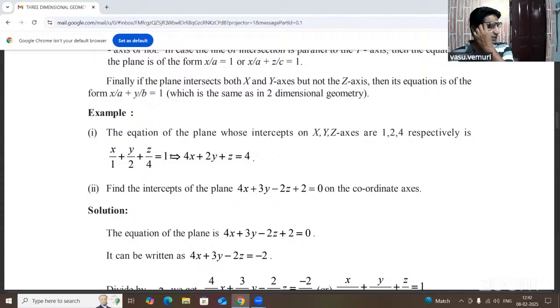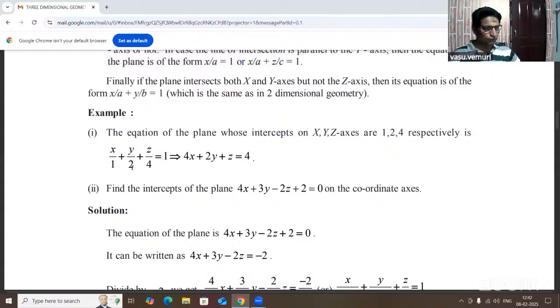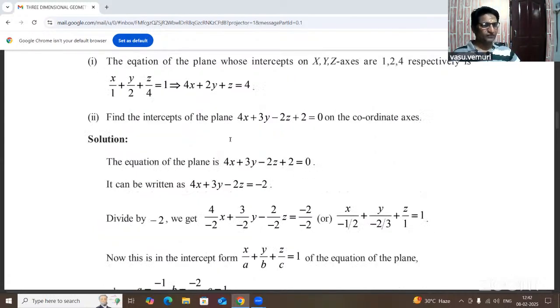Substituting in the intercept form, after taking the LCM, which is 4, we get 4x plus, after cancelling 4 by 2, 2y plus z equal to 4. So 4x plus 2y plus z equal to 4. That is the plane equation after replacing the intercepts.